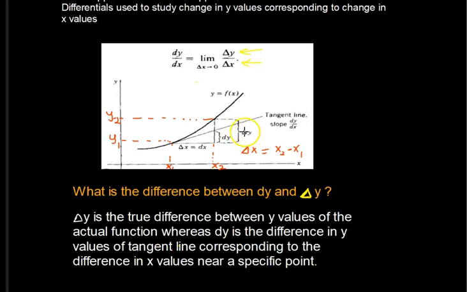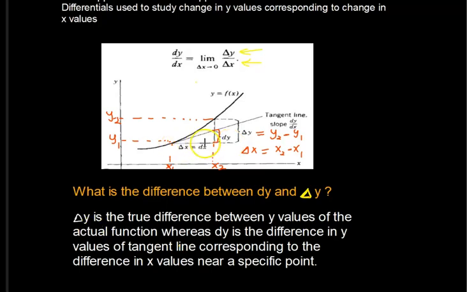So we can see here that delta y is the difference in y values, y2 minus y1, of the actual function f(x), whereas dy is the change in y values of the tangent line. This tangent line is drawn at the point x1. This is the point of contact (x1, y1). This one represents dy. So dy is the change in y values of the tangent line.